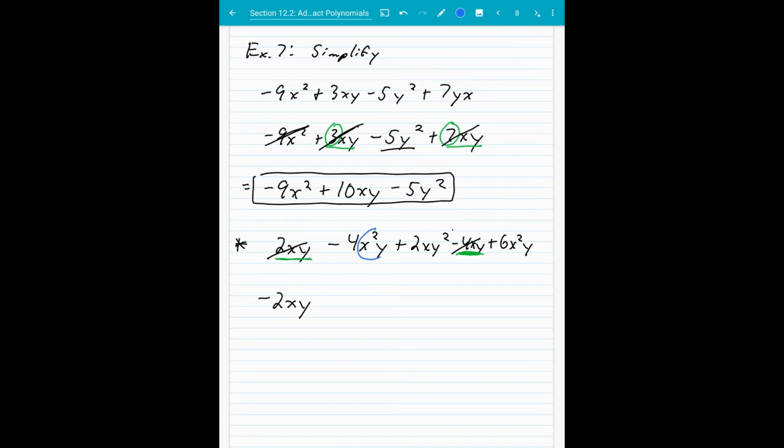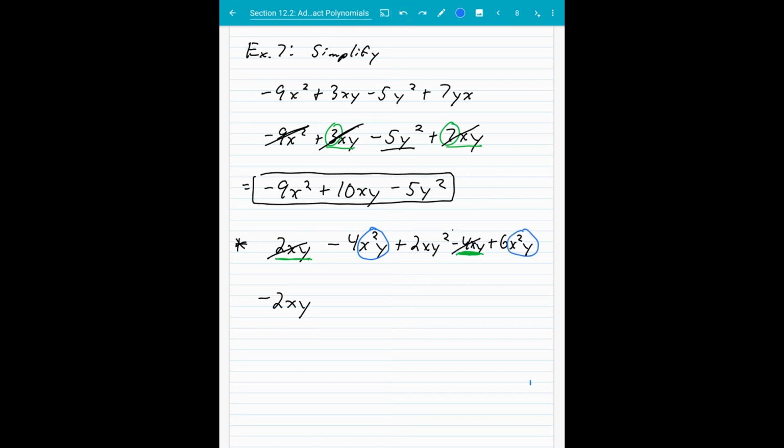Are there any other x squared y's? Meaning it has to have x squared and y exactly. They have to be the same exact thing. This is not. That's the other way around. That has x to the 1 power and y squared. So this one would not work. So keep examining. I can skip this one because we already did it.